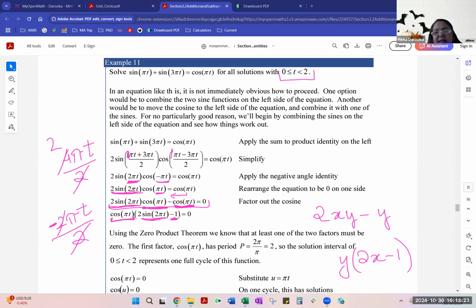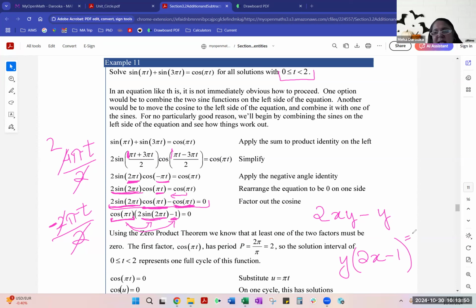And remember, the idea is if you were to go back and distribute that cosine of pi t back into the parentheses, we should come back to the step above it, right? That's where we need that -1 as the placeholder so that we can go in the reverse direction and still come up with the same result. So we factored out cosine of pi t, and you're left with 2 times sine of 2 pi t minus 1.